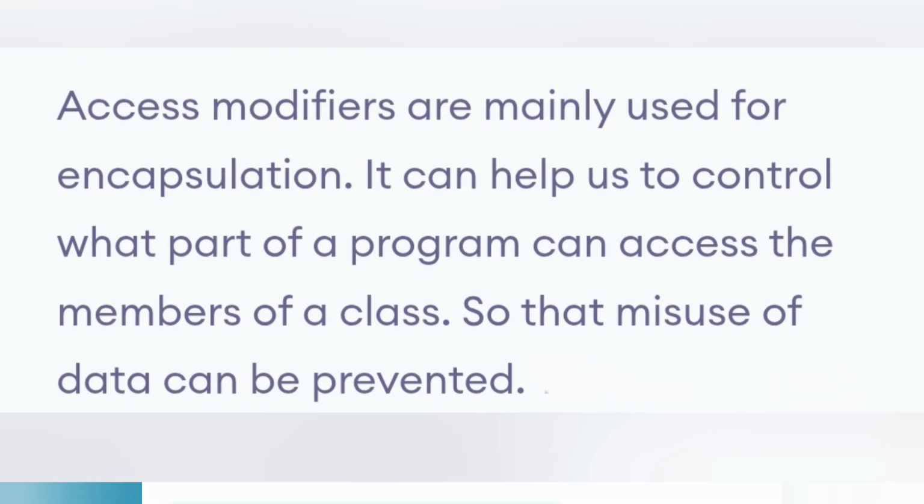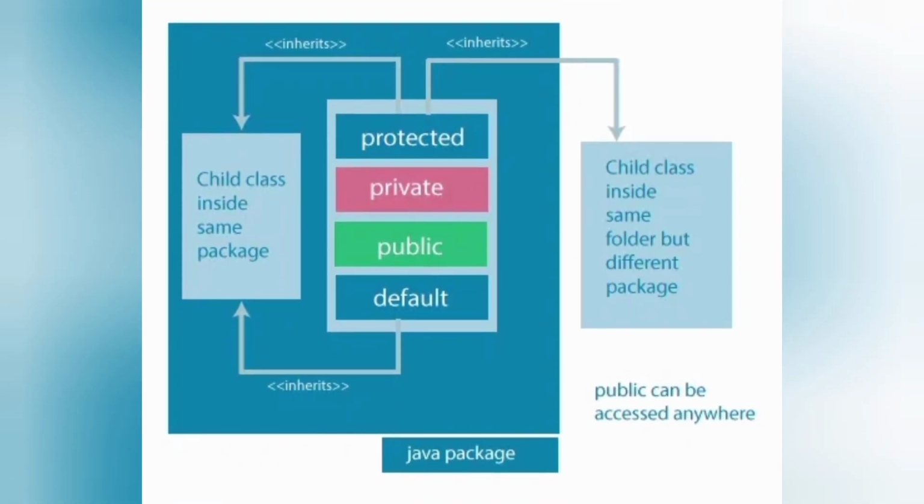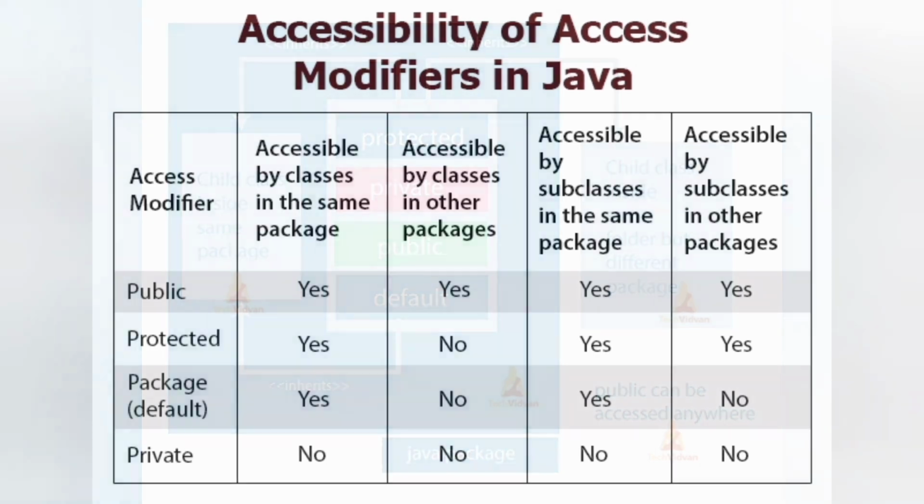So if misuse of data happens, it can be prevented by these access modifiers in Java. So we use access modifiers in Java programs to protect the data and to control the access to the members of the classes.